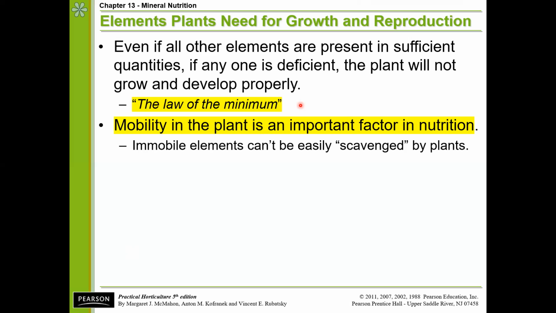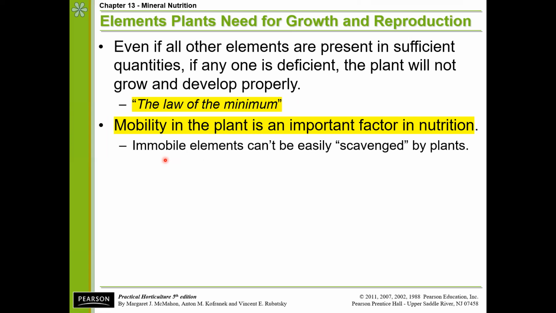So mobility is also really important in being able to tell where and when a plant is deficient of a nutrient, how you can diagnose a nutrient deficiency based on whether that element is mobile or immobile. So immobile elements cannot be scavenged by plants. And what we're saying there is the ones that are movable, plants will take out of, say, the lower leaves and move them to the new growth.